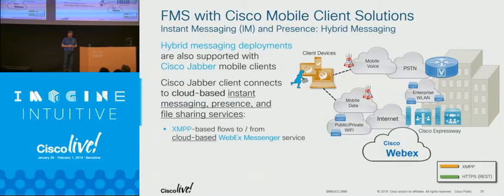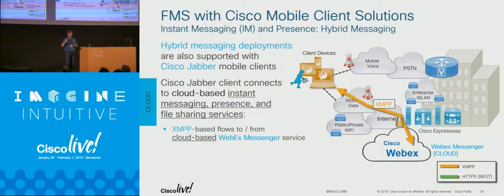One other thing I want to talk about, though, is hybrid messaging. This is where, as I mentioned, sometimes we can have Jabber leveraging both on-prem services and cloud-based services. Jabber does have the ability to leverage IM and Presence and file sharing capabilities from cloud-based services. So we can do XMPP-based flows to cloud-based WebEx Messenger. This has been around for quite a long time within Jabber.